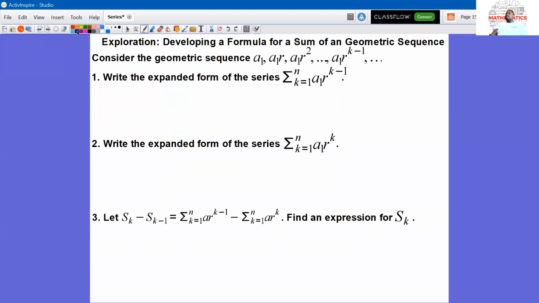So that would be term 1, that's A1, plus A1r plus A1r squared plus A1r cubed, up to A1r to the n minus 1, A1r to the n. That's the expanded form.